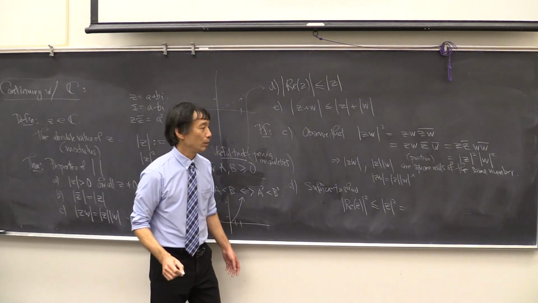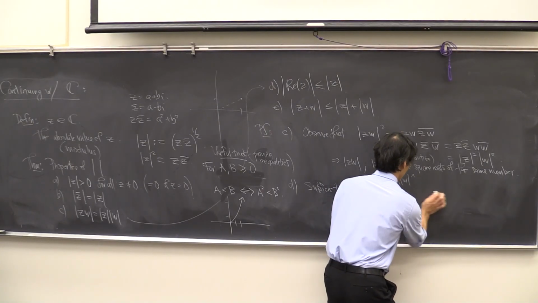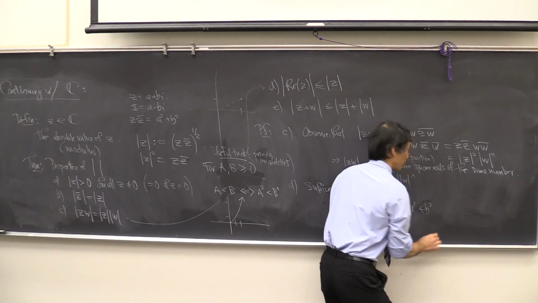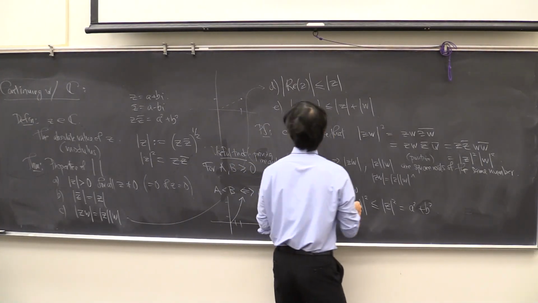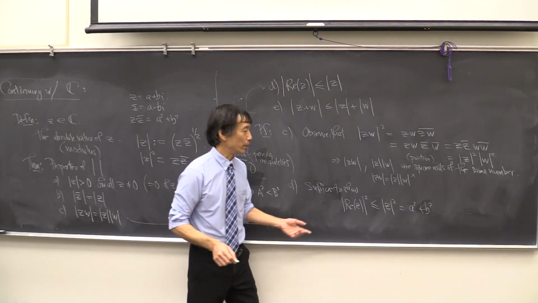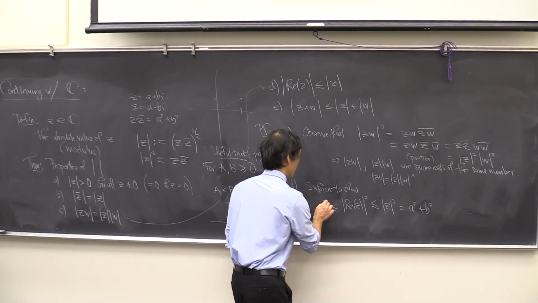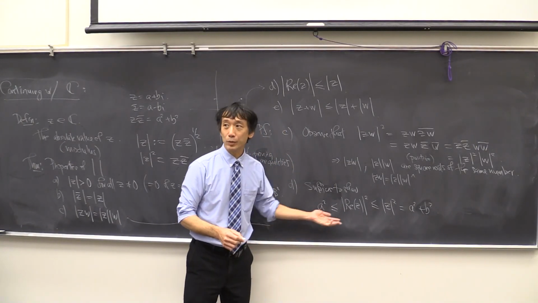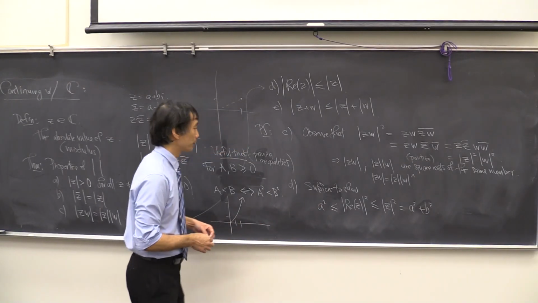But the square of this guy is a squared plus b squared, assuming that z is a plus bi. The square of this guy is a squared. Certainly a squared is less than or equal to a squared plus b squared. So we're done.